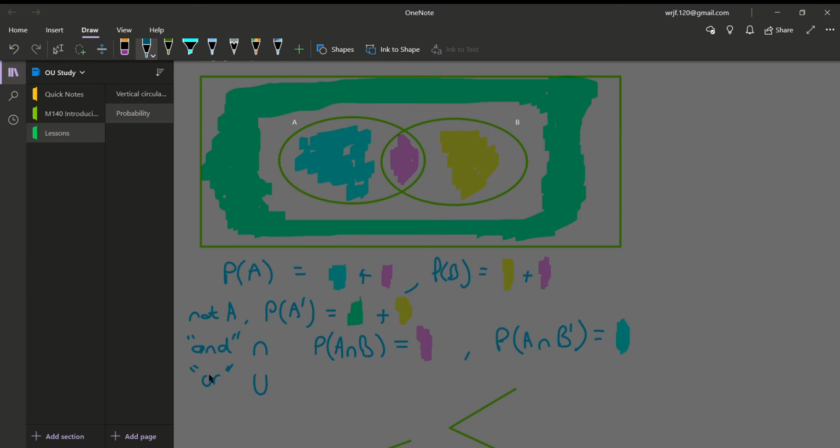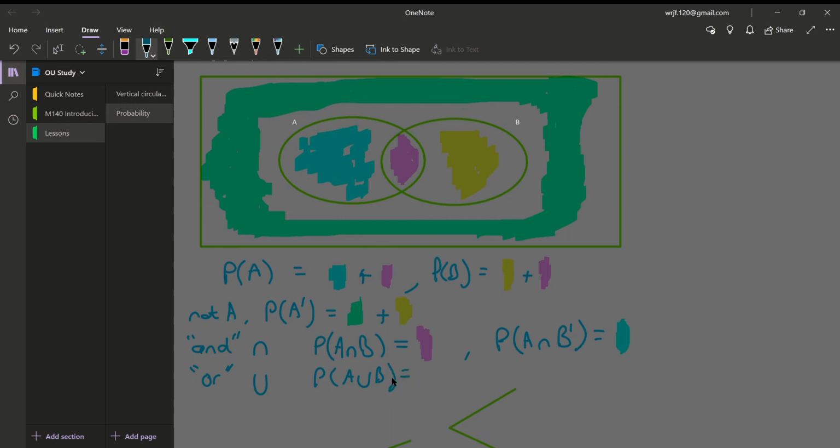And often the word that's used here for this one, where intersection is used for the N, for the and, the one that's often used for this U or the or is the union. So I talk about probability of A union B, or we might say the probability of A or B.